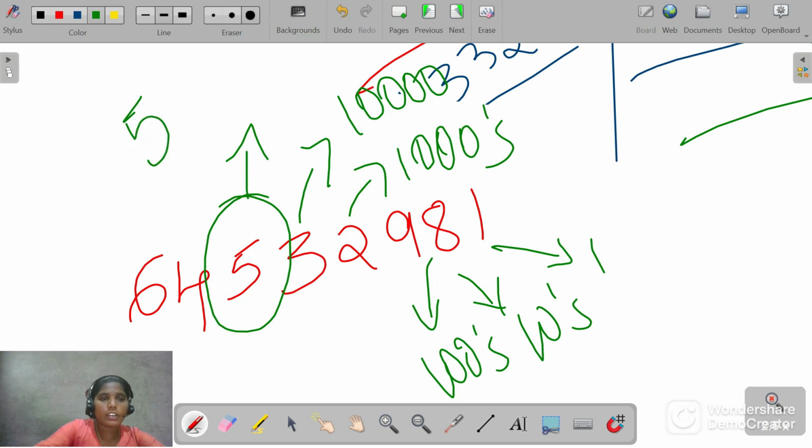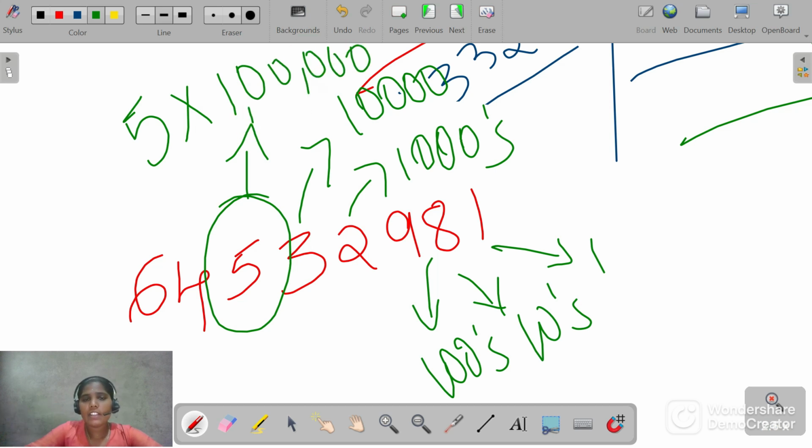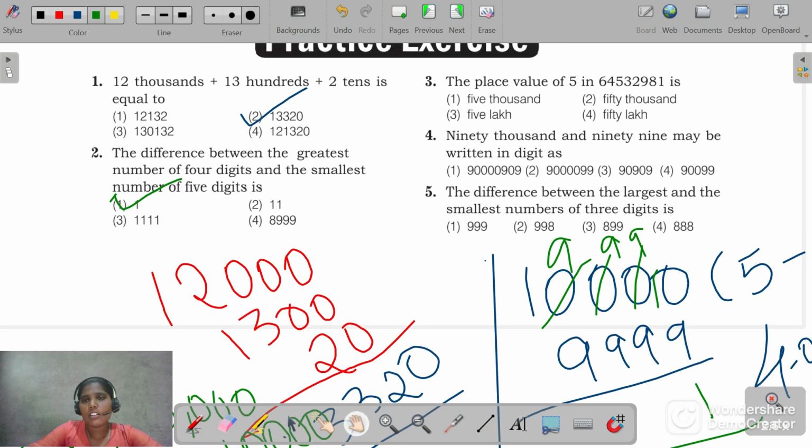So we have to find the place value 5 into 1 lakh. The answer will be 5 lakh, right? We have to check whether that option is there. Yes, it is there. The option is 5 lakhs. So I'm marking this option as the correct one.